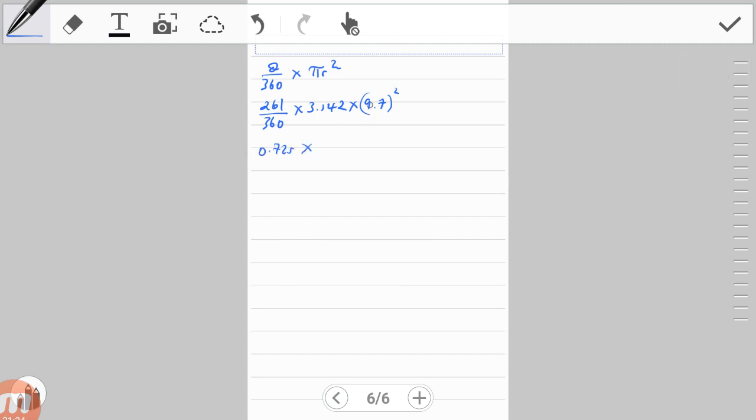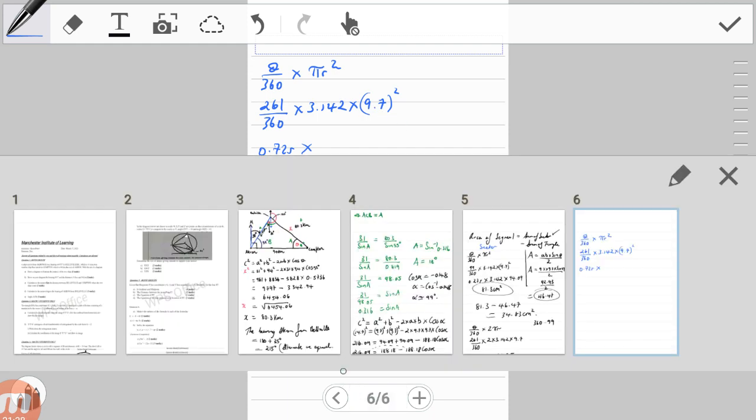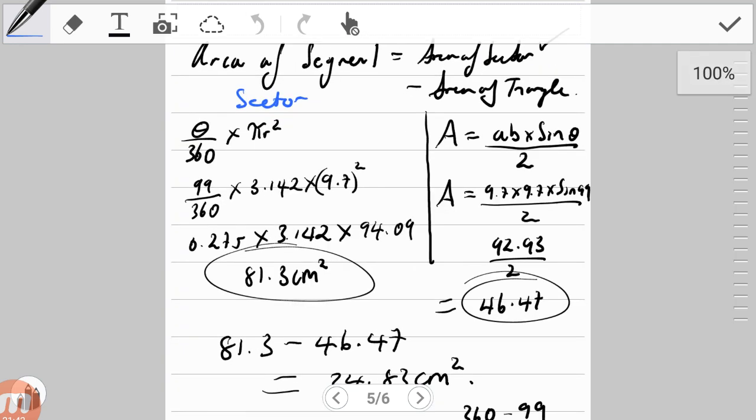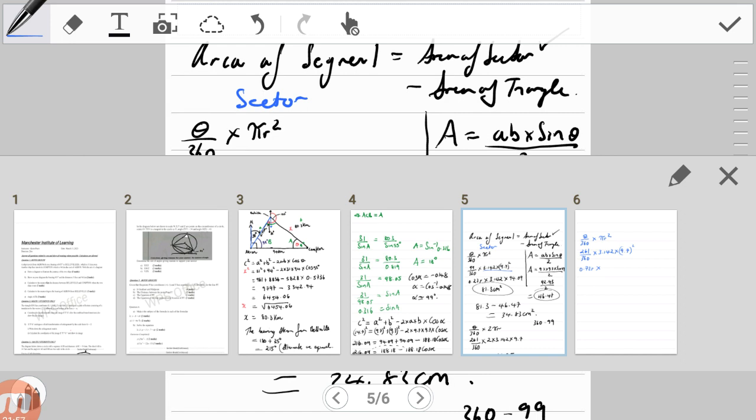And I would have already calculated earlier 3.142 multiplied by 9.7 squared. Most of the answers are already done, but I think I had calculated everything at once, so I didn't multiply it here. I had just written down this, then that. So I'm going to have to do the calculation.